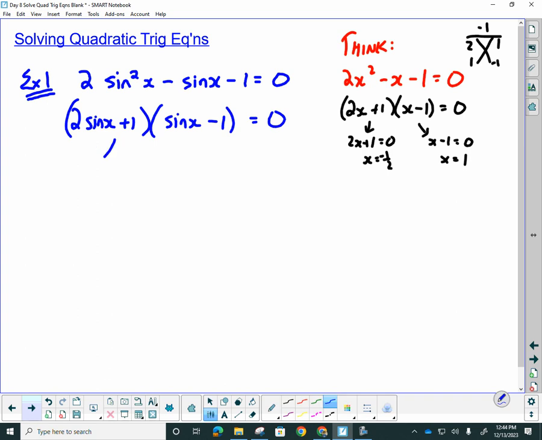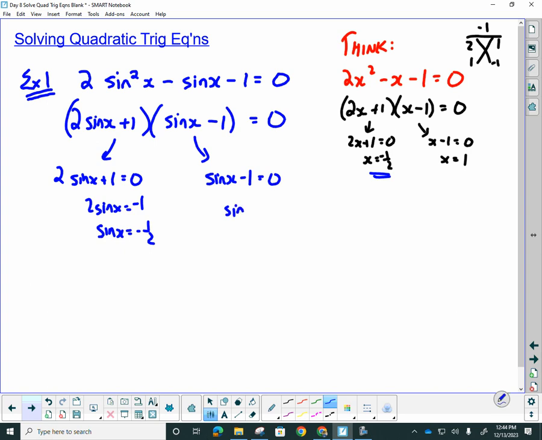We set this equal to 0, so 2 sine x plus 1 equals 0. Subtract 1 from both sides and divide by 2. Sine x equals negative 1/2, just like what we had here. And this, sine x minus 1 equals 0, add 1 to both sides, and we get that.